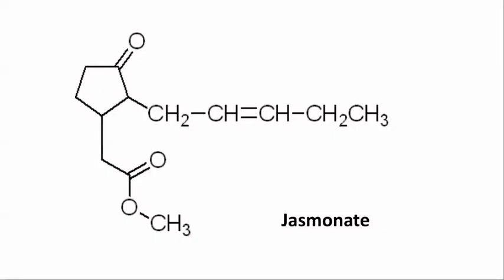When we look overall at the structure of jasmonate, we can observe that there are several functional groups present. We can also observe that part of this molecule is shown skeletal and part is shown condensed.